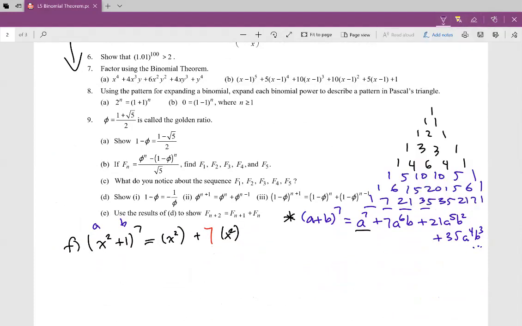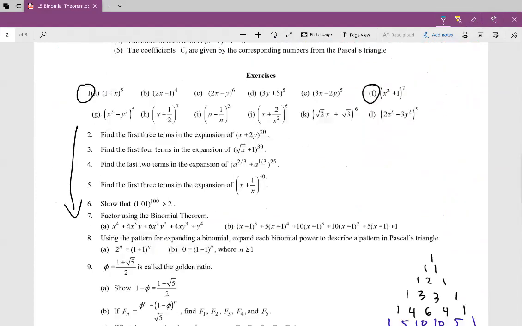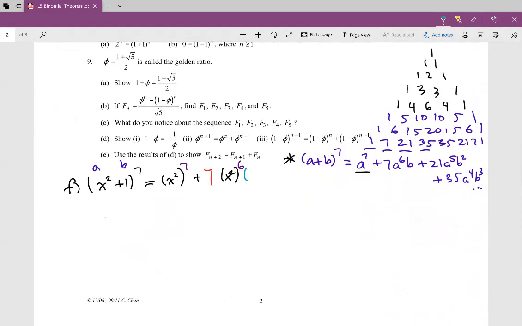So this is 7, this is 6, and I think we used light blue for the b. Let me just double check one more time. Yeah. So now that I have my sample, I won't mess up.